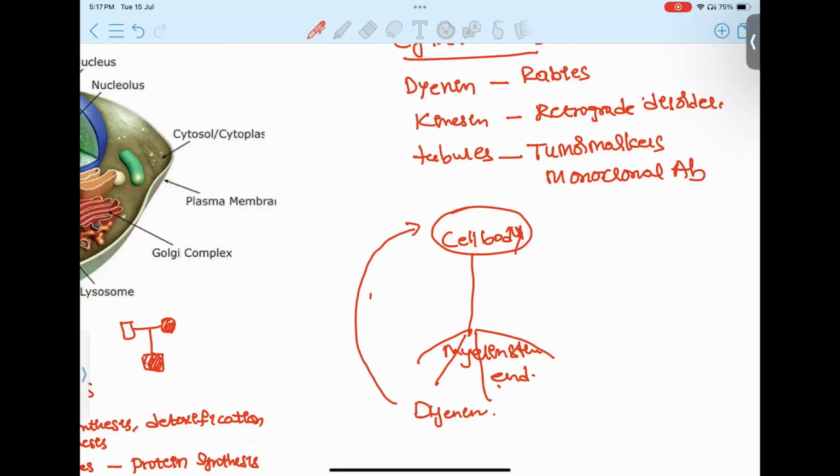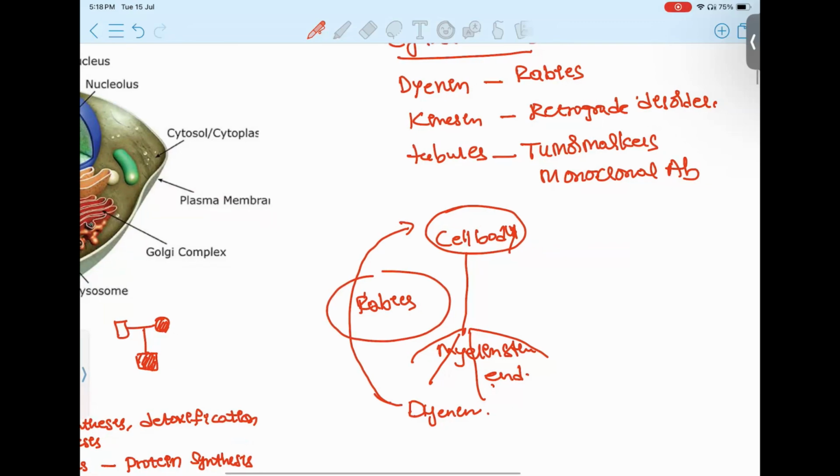So if rabies infects this patient, it will travel from the myelin sheath to the cell body, so it will attack in a retrograde fashion. Same as the kinesin, which will also involve the peripheral nerves. So this is the basic pattern of retrograde transmission of disorders.